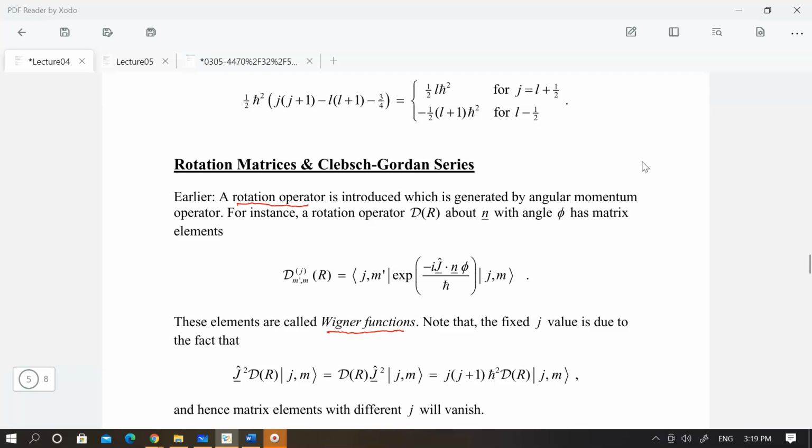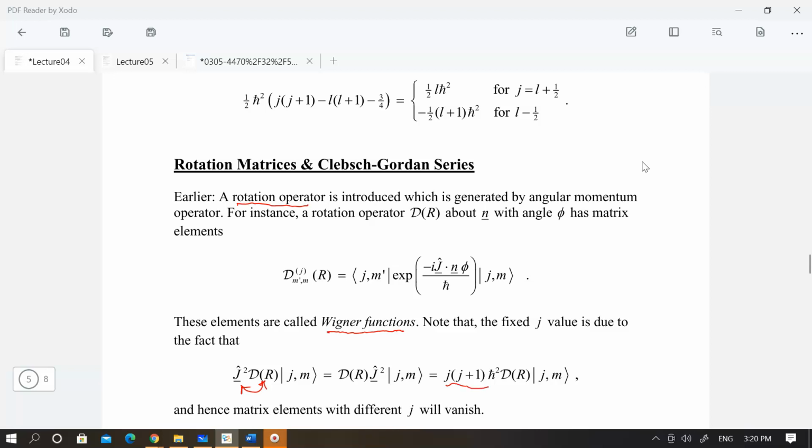Okay, because these are just your Jx, Jy, Jz. So J squared and J dot n will commute, and that also means that J squared and your exponential also commute. So in other words, I can swap these two around, and I get D(R) J squared |J M> and J squared D(R) |J M>. You know how this operates on the eigenstate, so you get J(J+1) h bar squared.